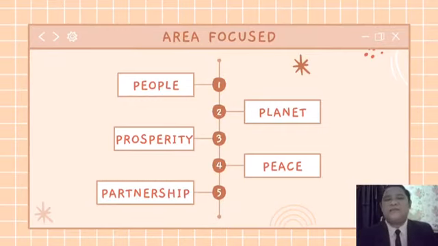Last but not least is partnerships, in which the means required to implement this agenda is through a revitalized global partnership for sustainable development, based on a spirit of strengthened global solidarity.